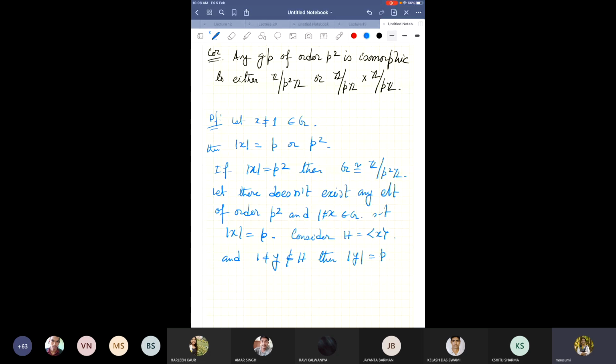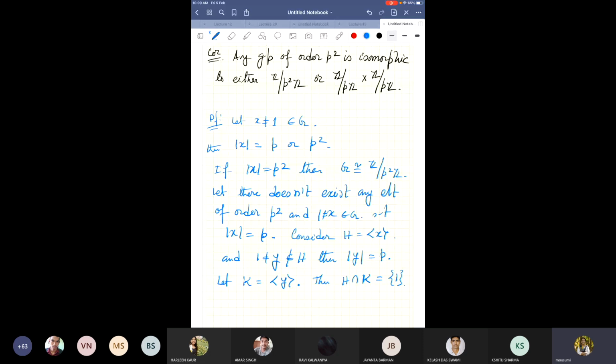Now let K be the subgroup which is generated by Y. What can we say about H intersection K? Only identity, because H intersection K is a subgroup of H as well as of K. So its order will be either 1 or P, but this Y I have chosen is outside H, so it cannot be equal to P. So it has to be equal to the identity element.